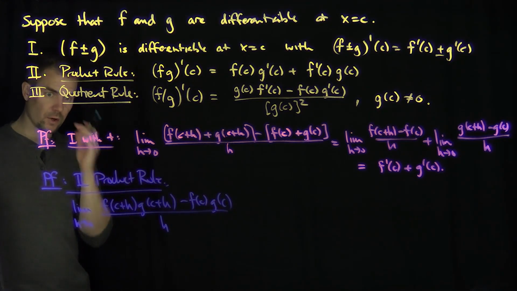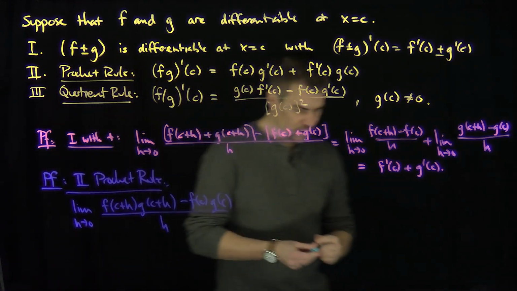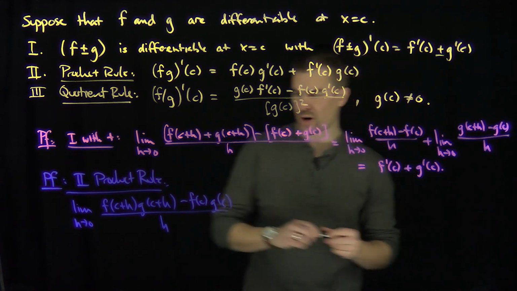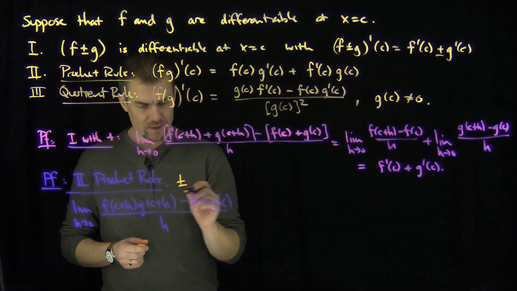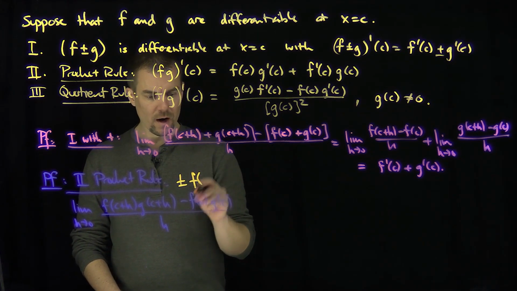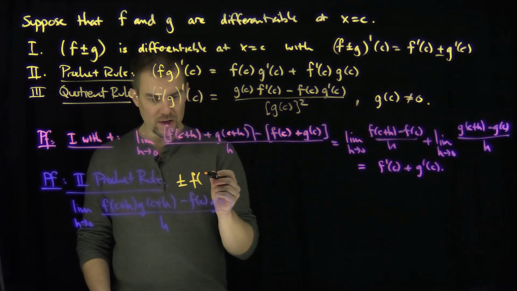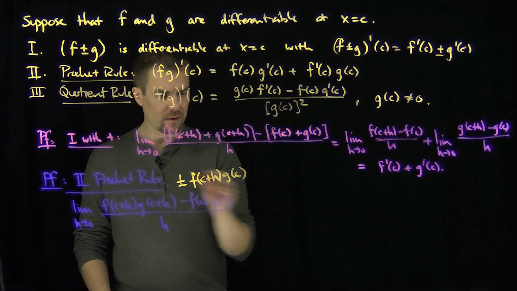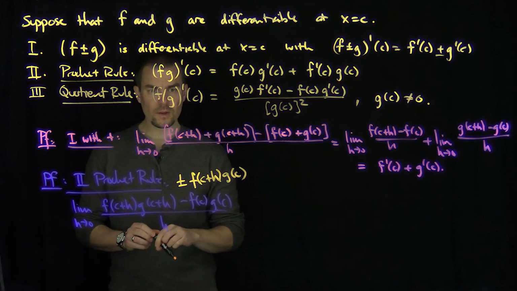That's the term we have to estimate. Now we're going to add and subtract a term on top. That won't affect anything if I add and subtract the same thing. I'm going to add and subtract f of c plus h times g of c.